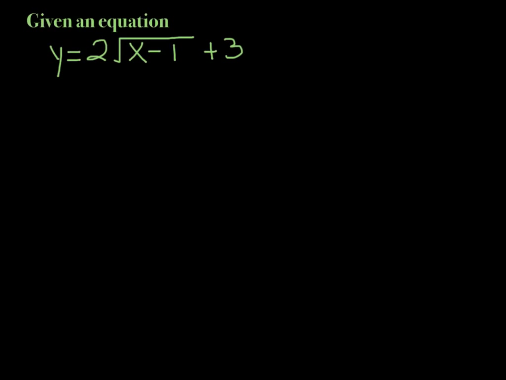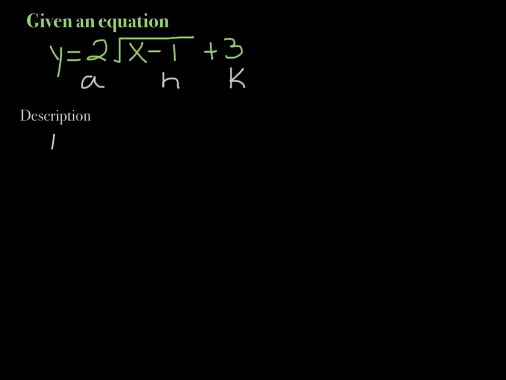Okay, next example. You're given an equation. y equals 2 square root of x minus 1, and then plus 3. So the first thing we're going to do is locate our A, which is 2, our H, which is 1, and our K, which is 3. And we're going to use those to write a description, and this is what we did yesterday.